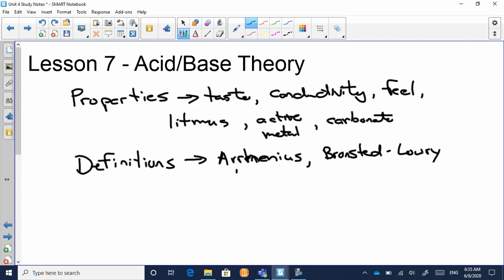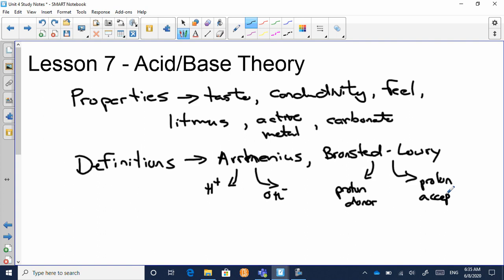This one basically just deals with an acid gives up an H plus ion, and a base gives up an OH ion. Bronsted and Lowry, we're talking about proton donors. Proton donor was an acid, and a proton acceptor was a base. Okay.